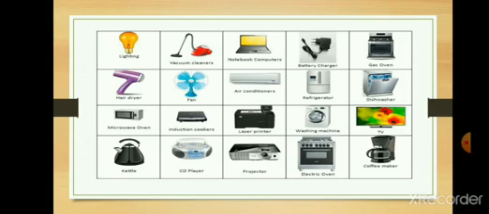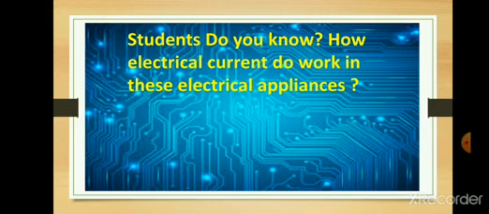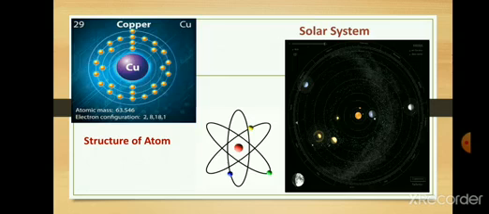So many electrical equipments you are using and seeing in day-to-day life. But students, do you know how electrical current works in these electrical appliances? No? Then let us start to learn how electrical current works in these electrical appliances.